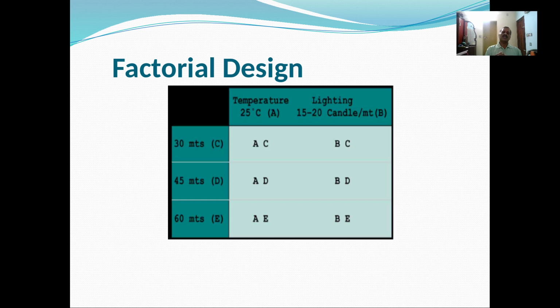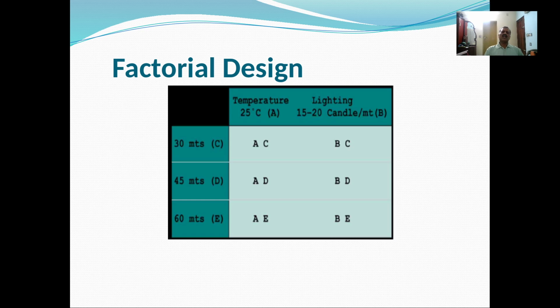And then again, I'm exposing them for 60 minutes and measuring the learning readiness. And another group of students, I'm exposing them to lighting of 20 candles for 30 minutes, 45 minutes, and 60 minutes, and I'm measuring their learning readiness. So this is how we are doing the factorial design.